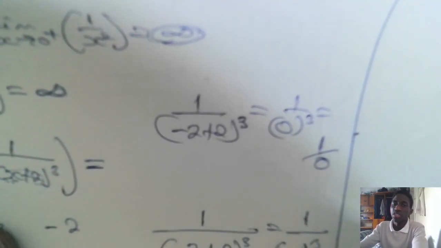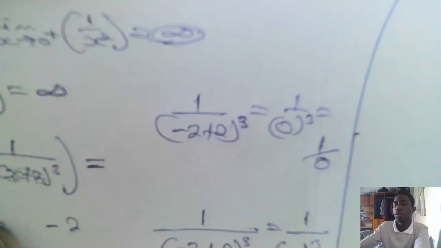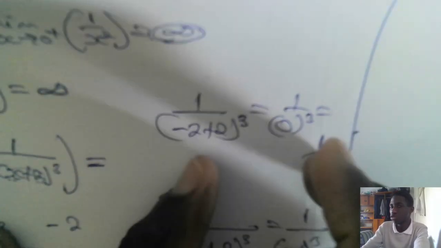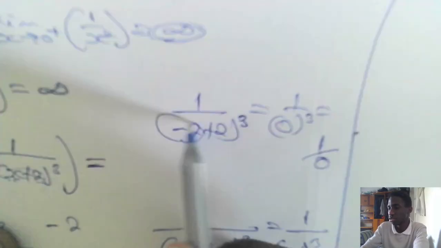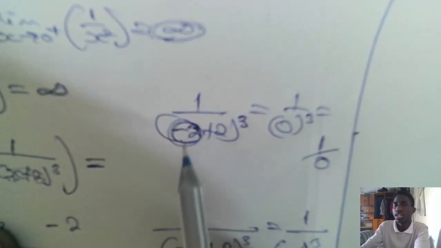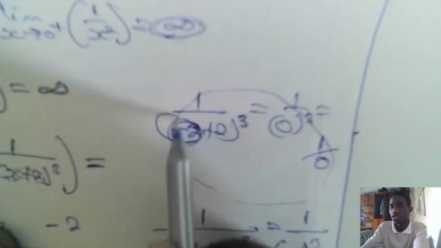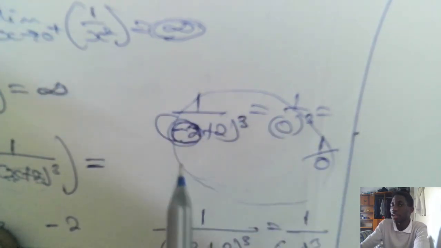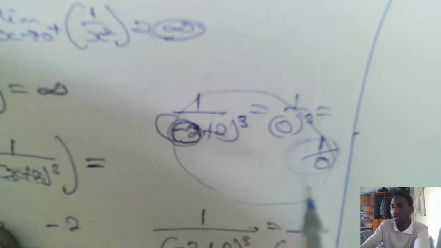So I'm getting something infinite, okay? But this does not mean that the answer is infinity, because I'm using the exact value here, so this is wrong. But this just paints a picture of what we are to expect at minus 2: a very large number.